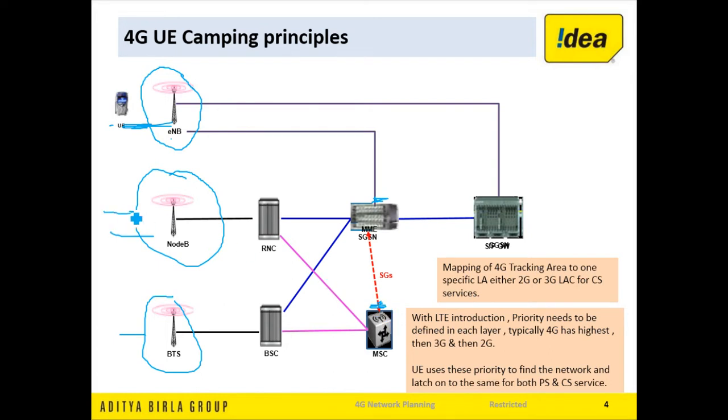In a 3G network, when UE powers up, it will also register for a CS network of 3G LAC and a 3G RAC. Similarly, when a UE powers up in a 2G network, it registers for the 2G LAC and a 2G RAC. So UE is always registering onto one network for both CS and PS services.